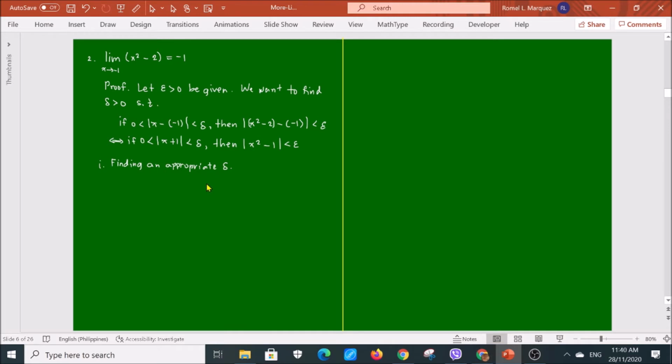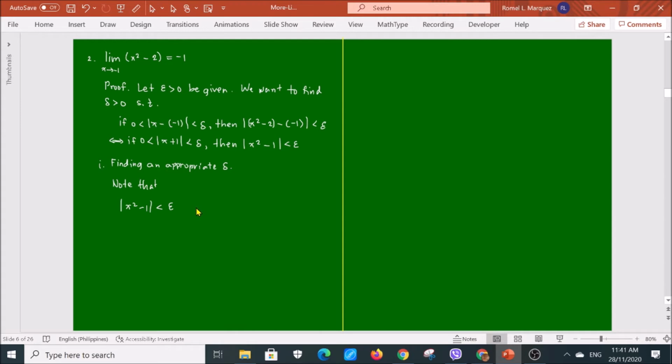So we now have, again, we get it from here, from the f of x minus L. So let's try to get it from there. Note that the absolute value of x squared minus 1 is less than epsilon.